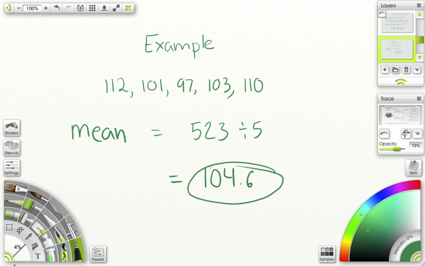Does this number seem to work well with this set of data? It does, because like I said, 97 is my smallest and 112 is my biggest. 104 is a nice happy medium in between. My other numbers are 101, 103, and 110, and 104 fits in fairly well with that set of data.